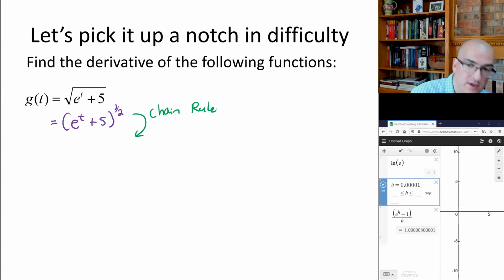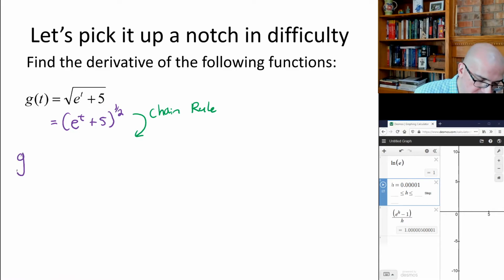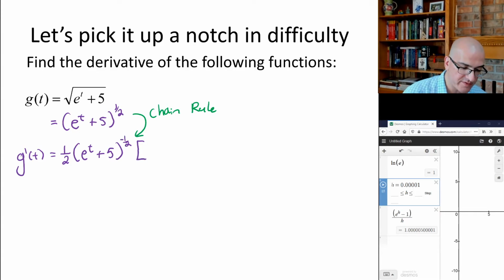This is a function raised to a power. So the chain rule, once we differentiate, will be the following. G prime of t equals, the 1/2 will come down. We will have our original function to one lower power. And then we have to multiply by the derivative of the inside.